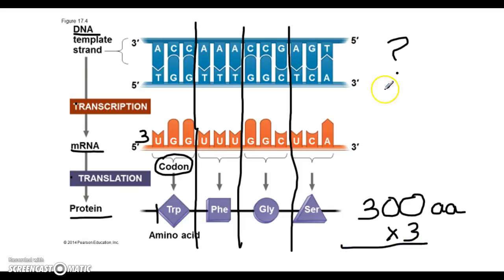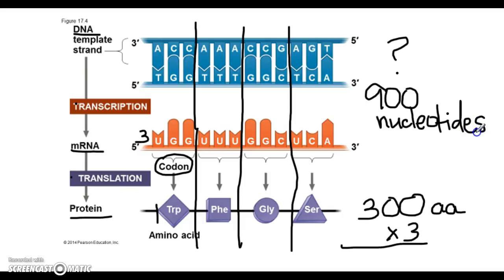And so you would know that there are 900 nucleotides required, at the minimum, to code for those 300. So that's just a practice.